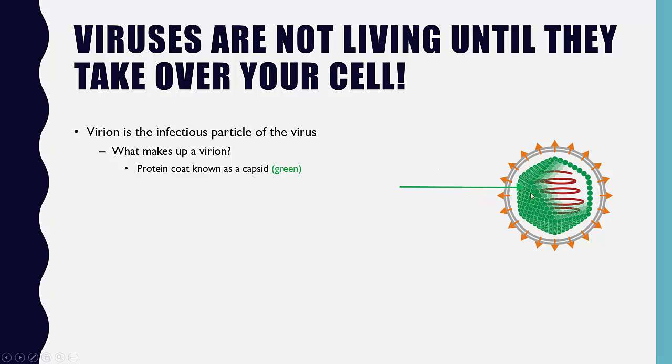That's a coat, or capsid. Viruses may not even have DNA, some do. Herpes viruses are DNA, but HIV is RNA, and the cold virus is RNA. So they have to have some nucleic acid, some genetic material. It depends.